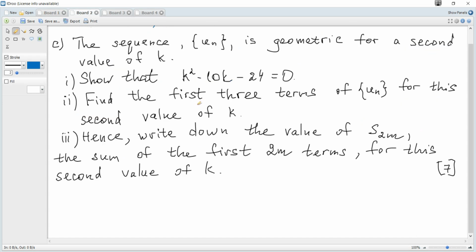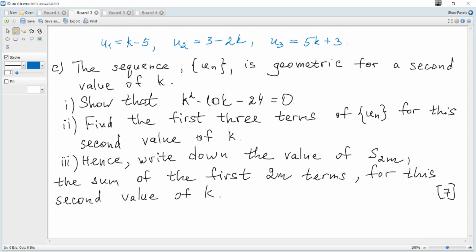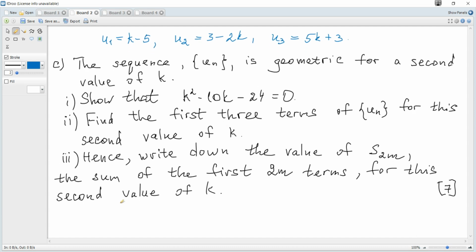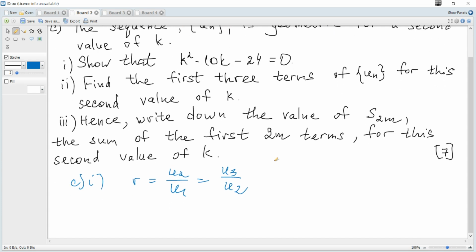Next, the sequence un is geometric for a second value of k. Show that k squared minus 10k minus 24 equals 0. To be geometric, the common ratio should be constant, so u2 over u1 should be equal to u3 over u2.